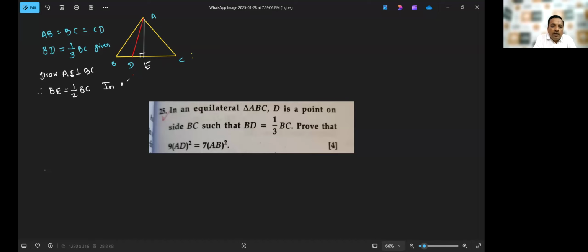So in equilateral triangle median and altitude are one and the same. यानी जो मीडियन होती है वही एल्टीट्यूड होता है. यानी उसने भी उसको हाफ में डिवाइड किया. Okay. So BE is equal to half of BC.